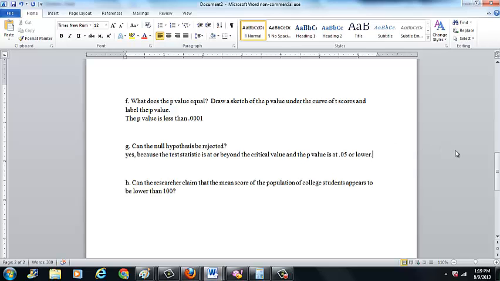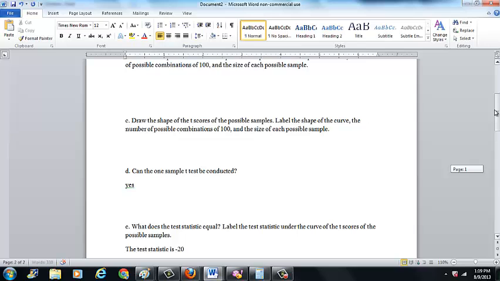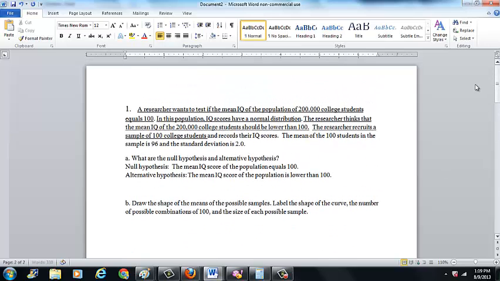Can the researcher claim that the mean score of the population appears to be lower than 100? This is asking if the researcher can claim that the alternative appears to be true.